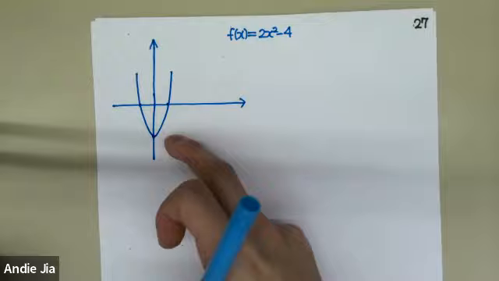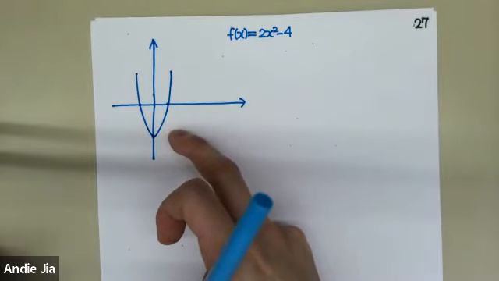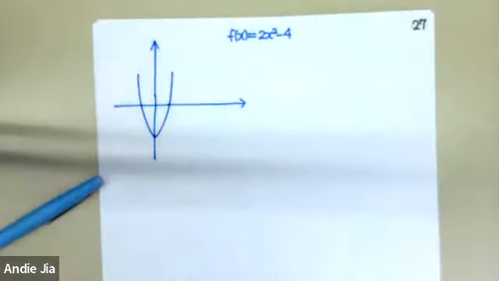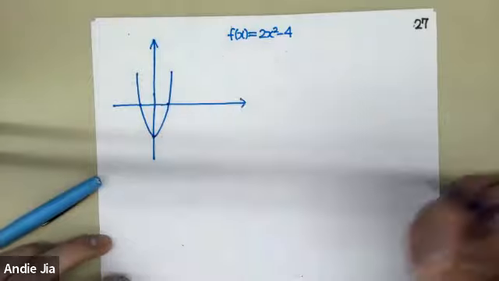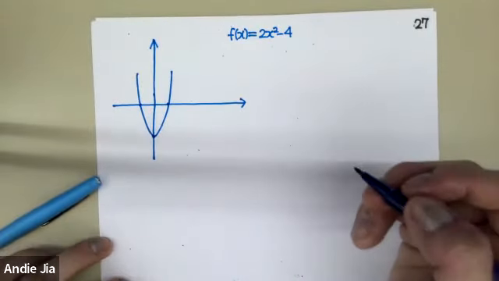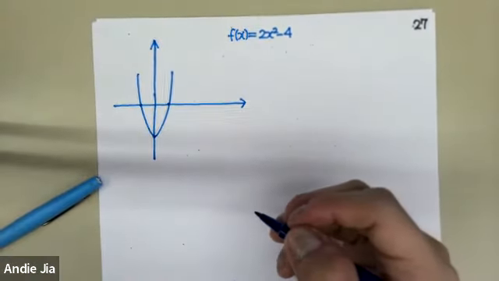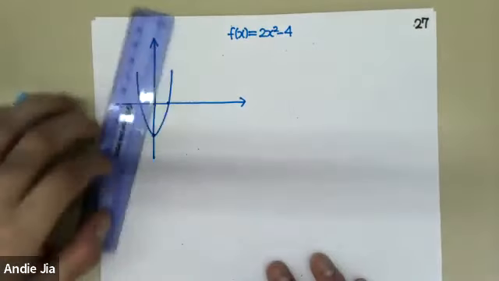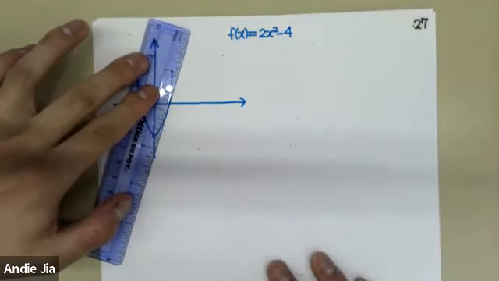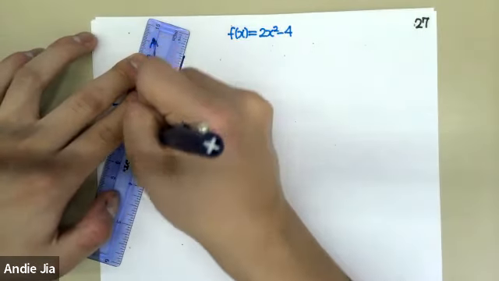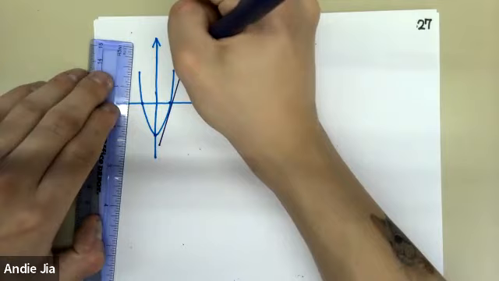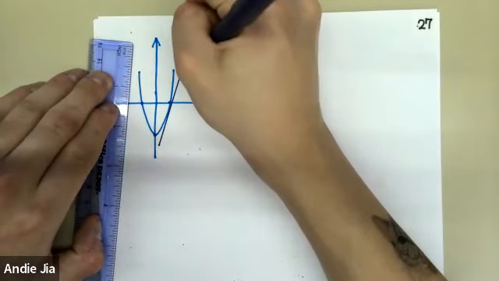So this is f of x, and this is f prime of 1.